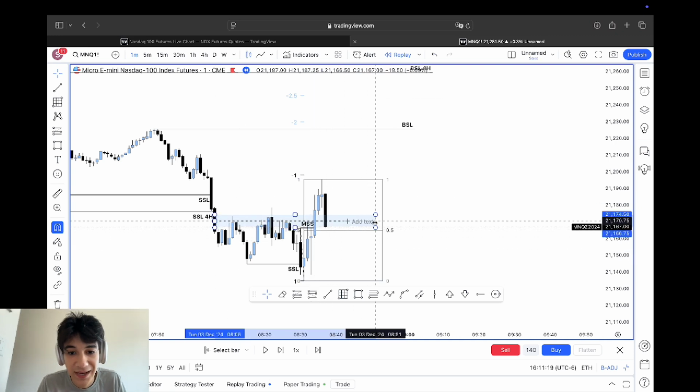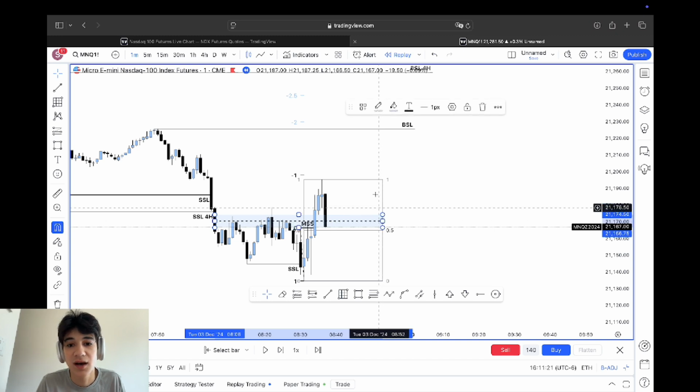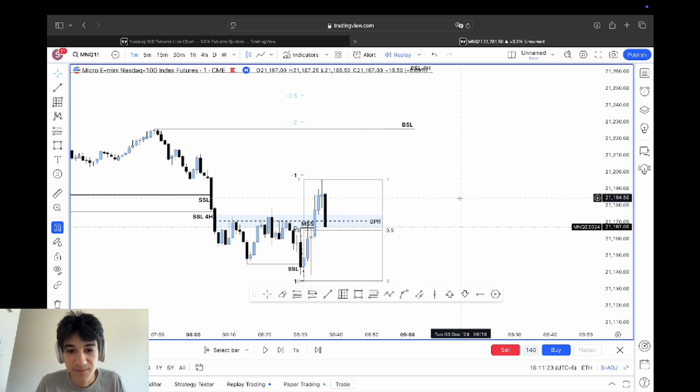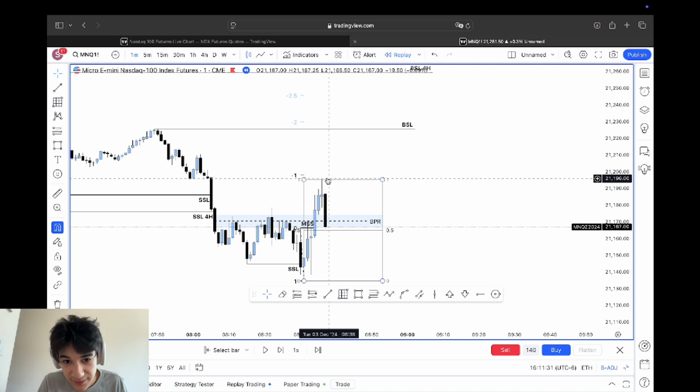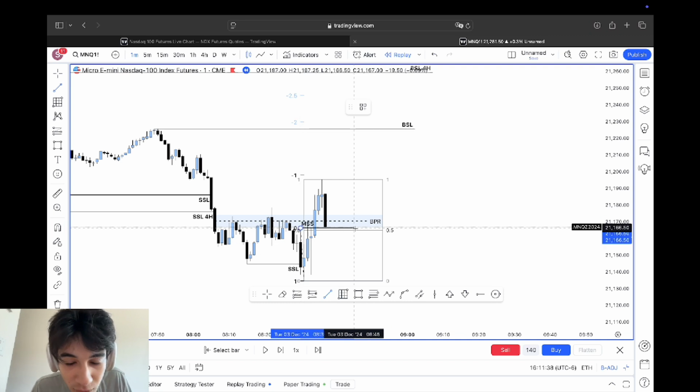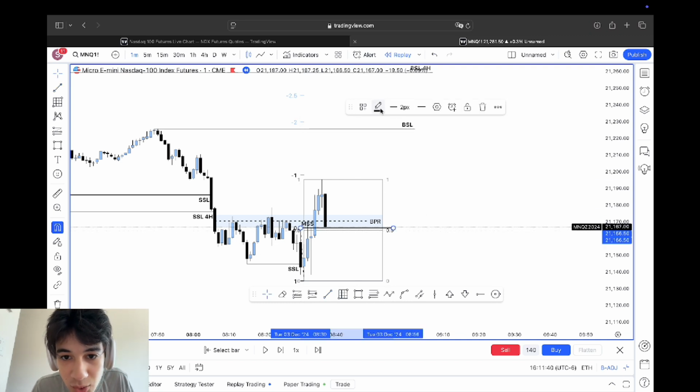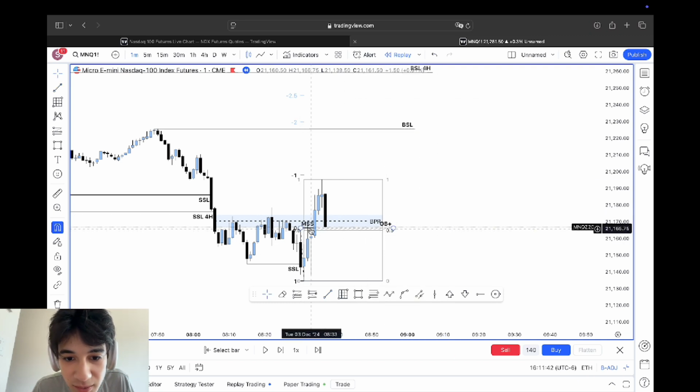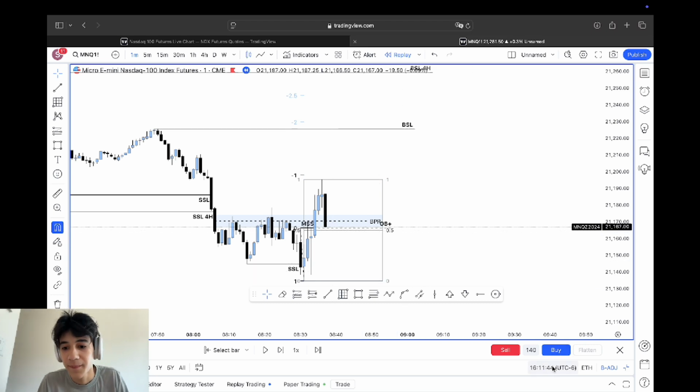So this is a high confluence entry because there's a market structure shift after sweeping high time frame liquidity. We went to this one range of the standard deviation, came back to equilibrium, to this BPR range, and to this order block. You can see that we literally tapped this order block perfectly.